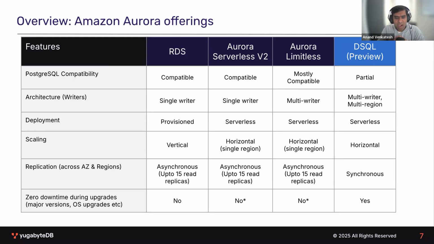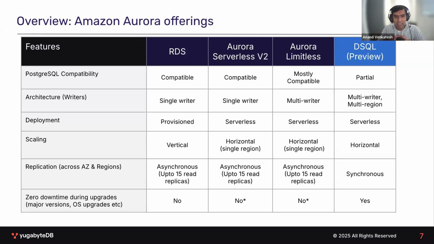As you can see, RDS and Serverless V2 are most compatible with PG, as they literally run a PG instance within. But as we go through Aurora Limitless and DSQL, these services are designed for scale and distributed features. So that comes with some design choices and trade-offs that could reduce overall PG compatibility, at least as of now, but it could change in the future as they improve on that.